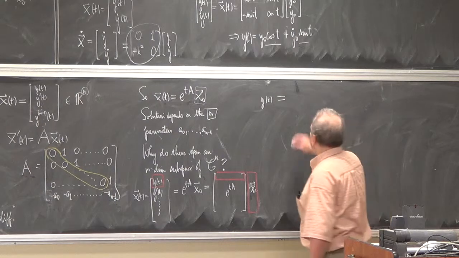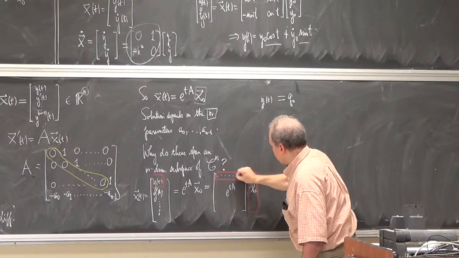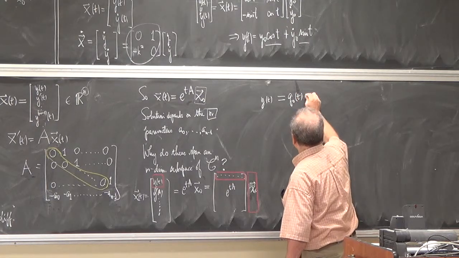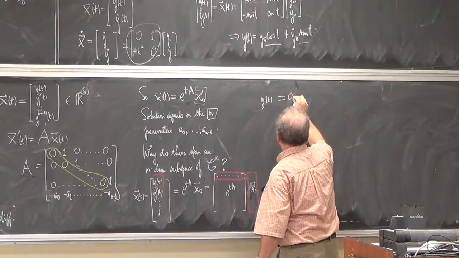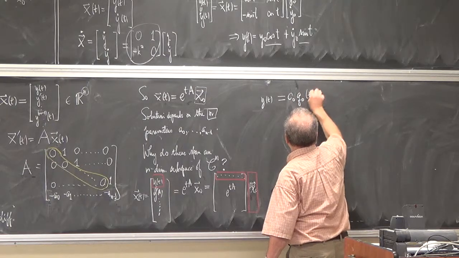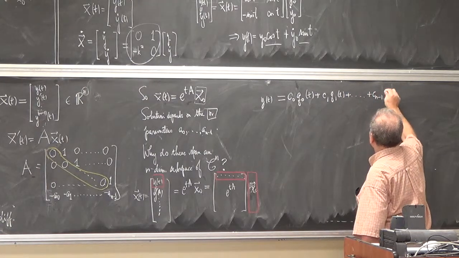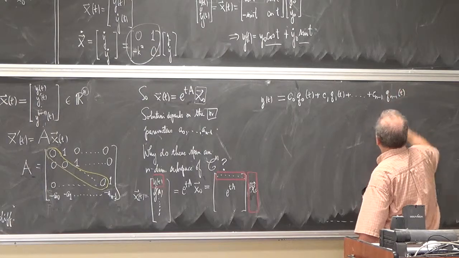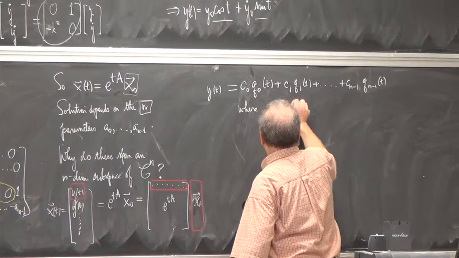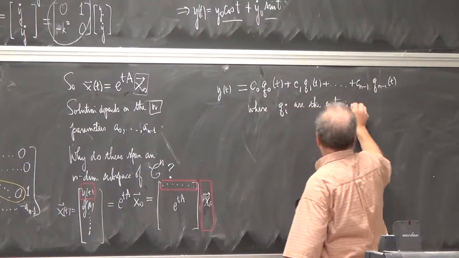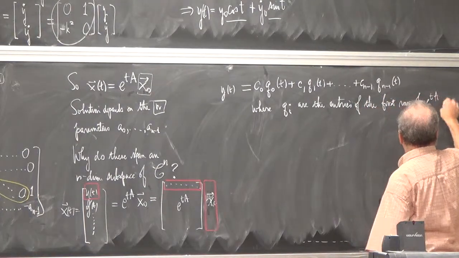So let's say I label the entries of the first row of e to the tA as Q naught of t times the first coordinate here. So it's C naught times Q naught plus C1 times Q1 up to Cn minus 1 times Qn minus 1, where the Qi are the entries of the first row of e to the tA.